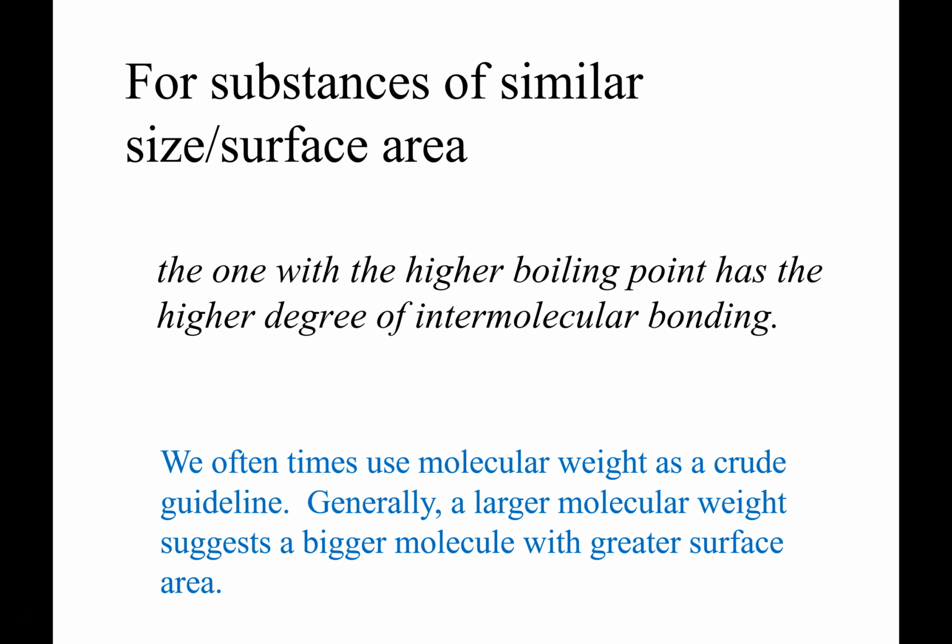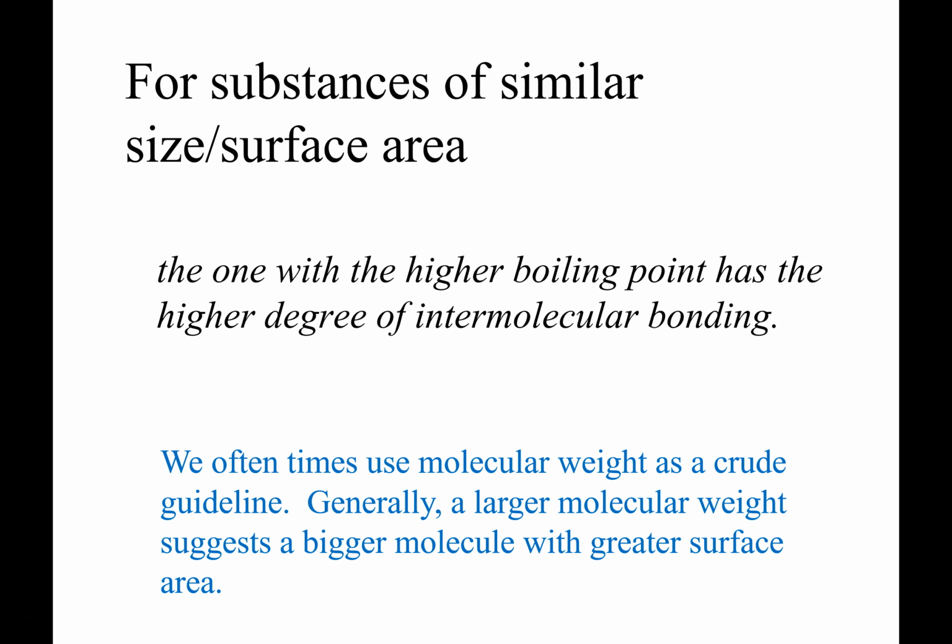Okay. After that, and we talked a little bit about that, you might move on to this sort of thing. For substances of similar size and surface area, the one that will have the higher boiling point will have the higher degree of intermolecular bonding, and then in blue is the next thing I'm going to put up there.